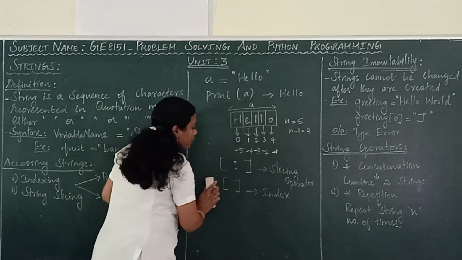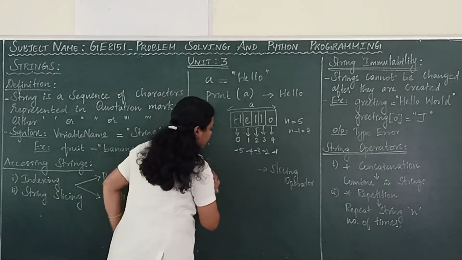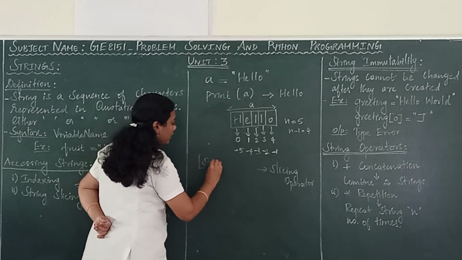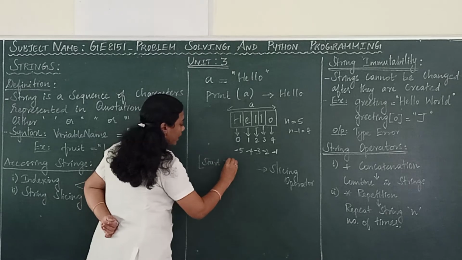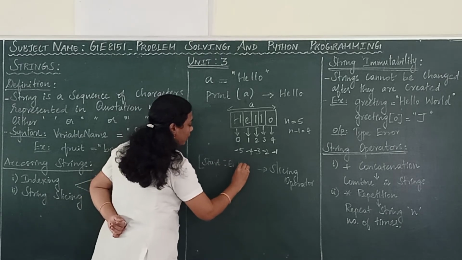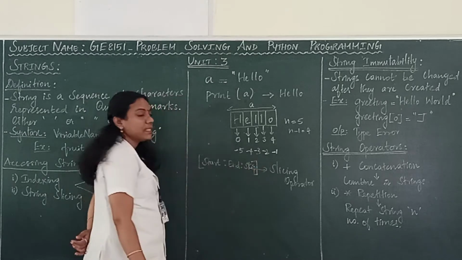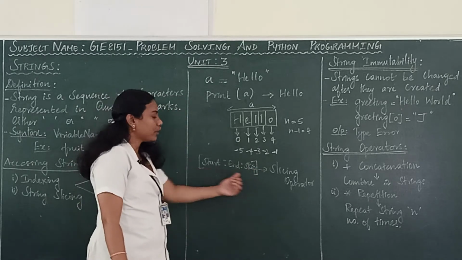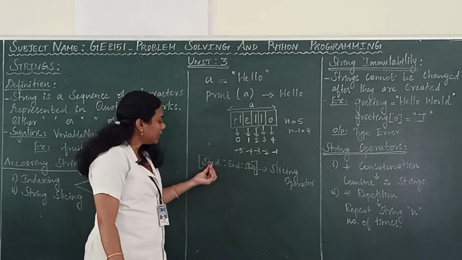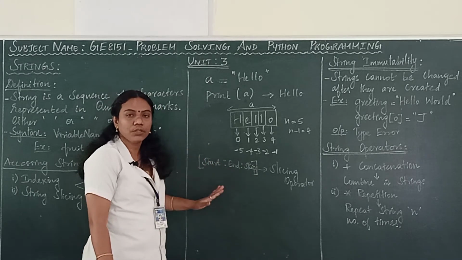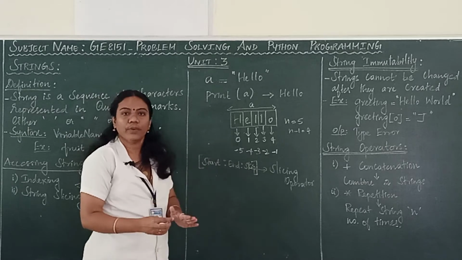The actual syntax of the slicing operator is: inside the square bracket you provide a start value, colon, end value, colon, a skip value. So, 3 values will be present inside the square brackets. All 3 values must be integers, either positive or negative.